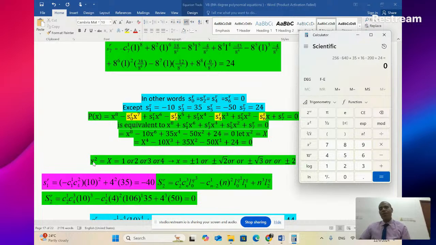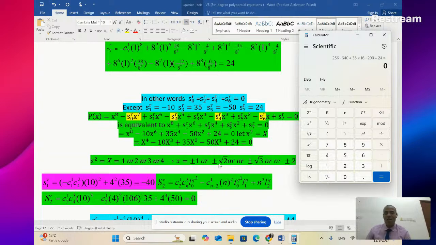But from the beginning, we said that x squared equals capital X. Therefore, small x equals plus or minus the root of capital X. Therefore, the roots of this polynomial to the power 8, x raised to the power 8 minus 10 x raised to the power 6 plus 35 x raised to the power 4 minus 50 x squared plus 24 equals 0, are x equals plus or minus 1, plus or minus root of 2, plus or minus root of 3, or plus or minus 2, because plus or minus root of 4 is 2.